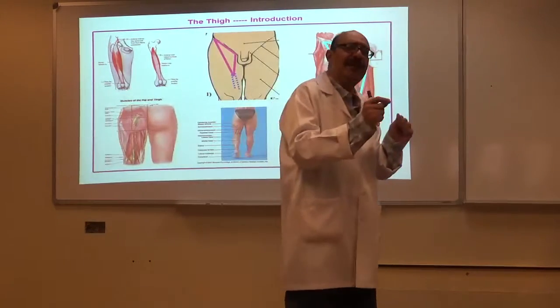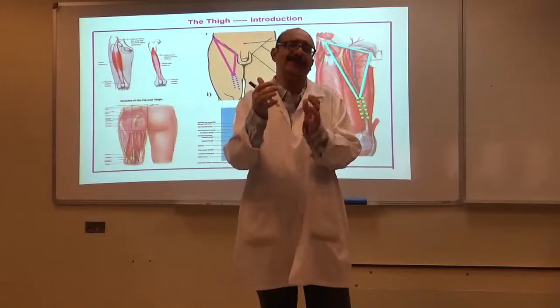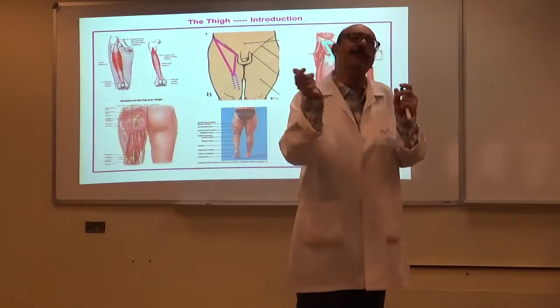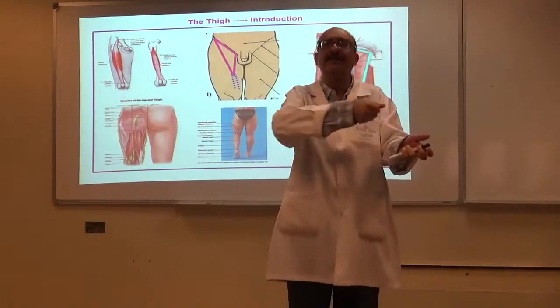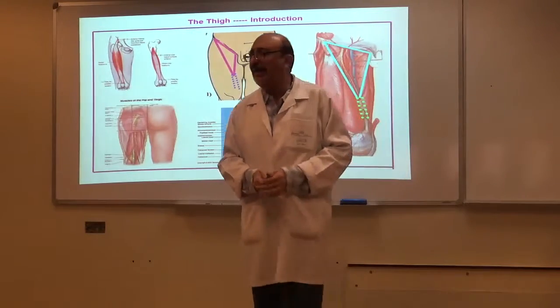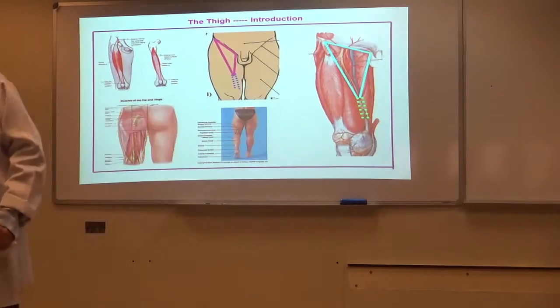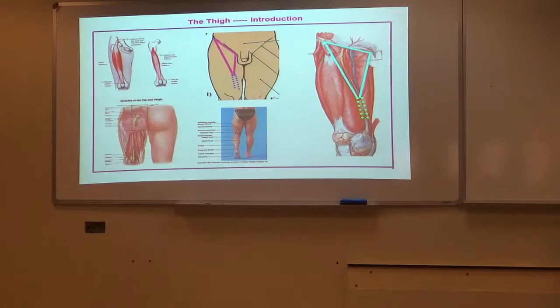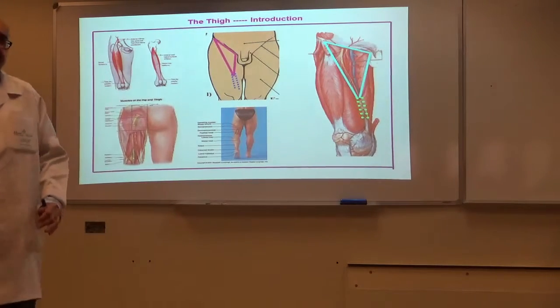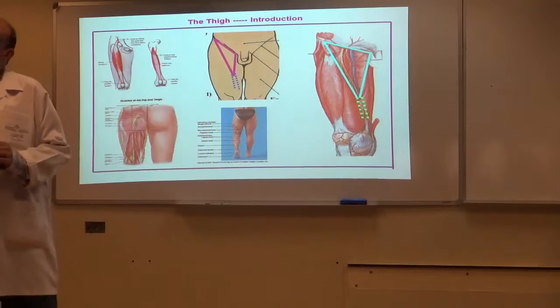What is tensor fascia lata? The name is self-explanatory: the tensor fascia lata makes the fascia lata tense, so that when I am moving in partial flexion, especially in the partial flexion state of my knee, this is full flexion of knee, this is partial flexion of knee. When I am moving or running in partial flexion, this iliotibial tract stabilizes my knee joint.